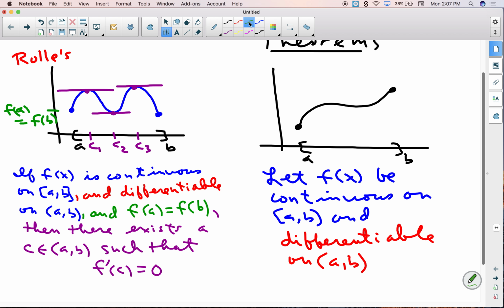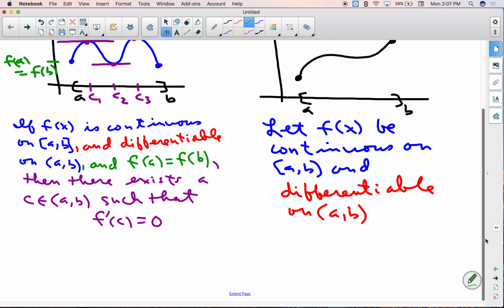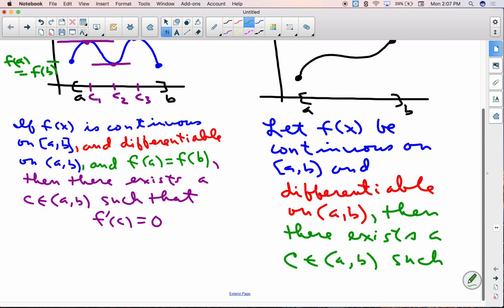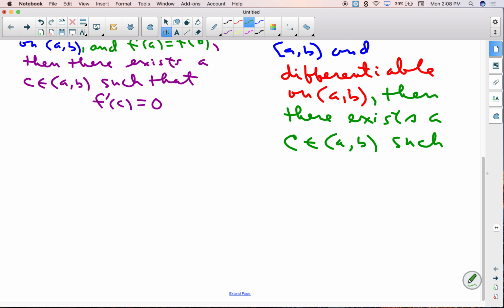What the mean value theorem says is this: if you've got these conditions, f of A does not have to equal f of B, then there exists a C in the open interval such that f prime of C is equal to, and what does mean mean?